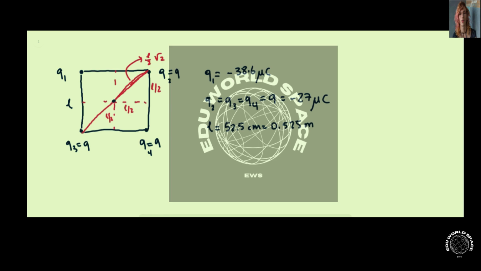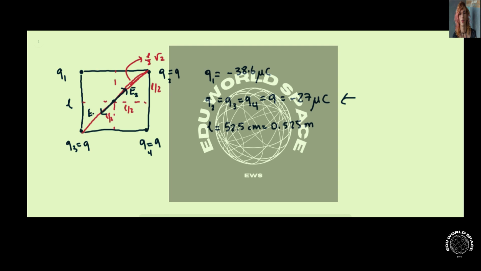So then if we look at the direction of the electric fields generated by these two charges, since Q2 and Q3 both are negative charges, the direction of the field at the center point, let's say for Q2, since it's a negative charge, is going to be towards itself, right? So this is the field generated by Q2, let's call it E2. And then the field generated by Q3 at the center, since Q3 is also negative and the same amount as Q2, is going to be towards itself, Q3.